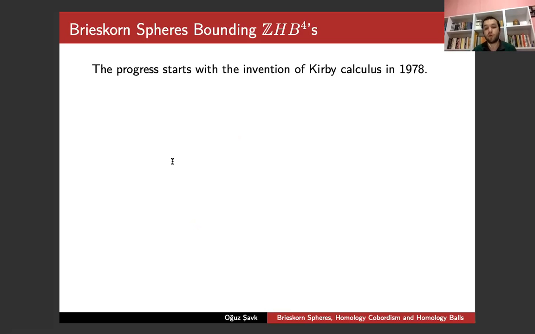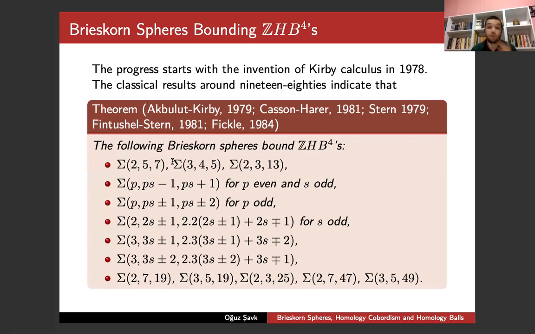So Kirby's work corresponds to a type of link moves for four-dimensional manifolds. And then our main question now is which Brieskorn spheres bound integral homology balls. We know that lots of integral homology spheres bound integral homology balls, and all these works are from around the 1980s, following Kirby's article.